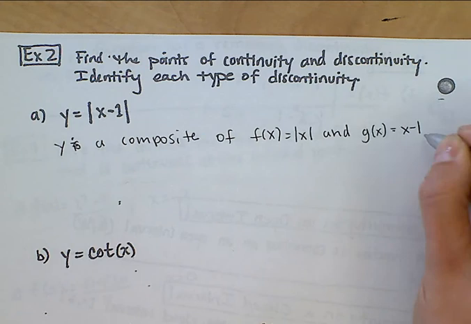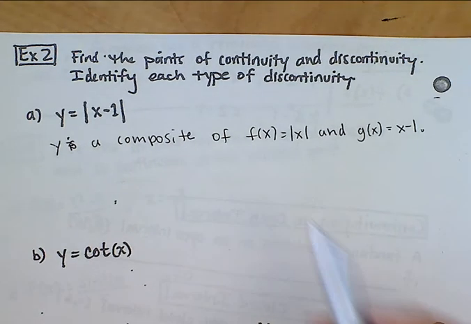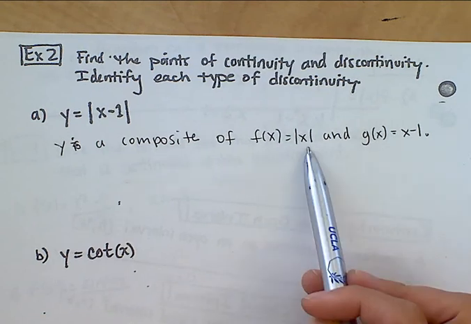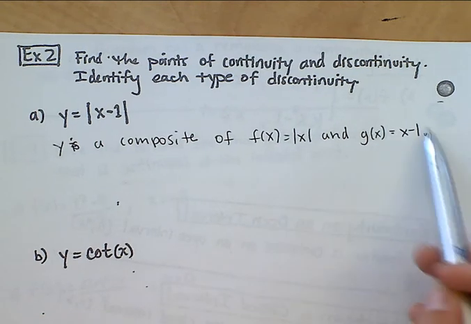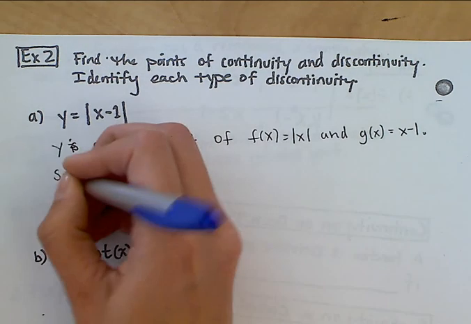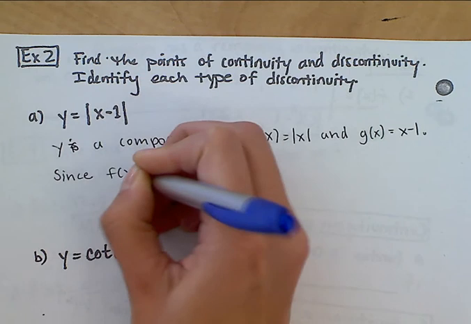Okay? So f of x is just a basic absolute value. We know that's continuous. G of x is just a line. We know that's continuous.